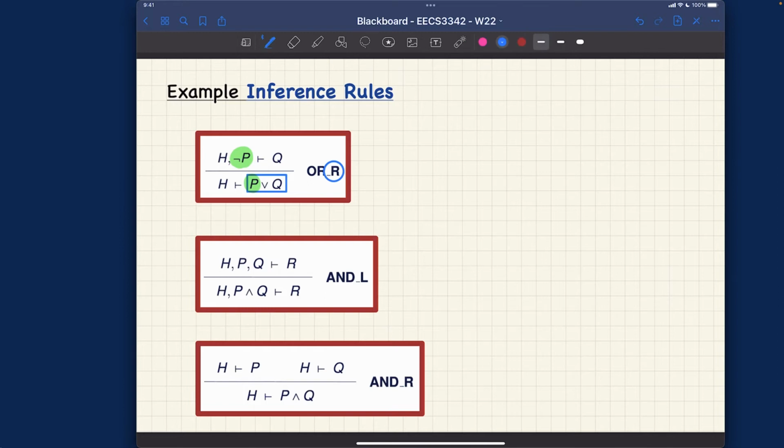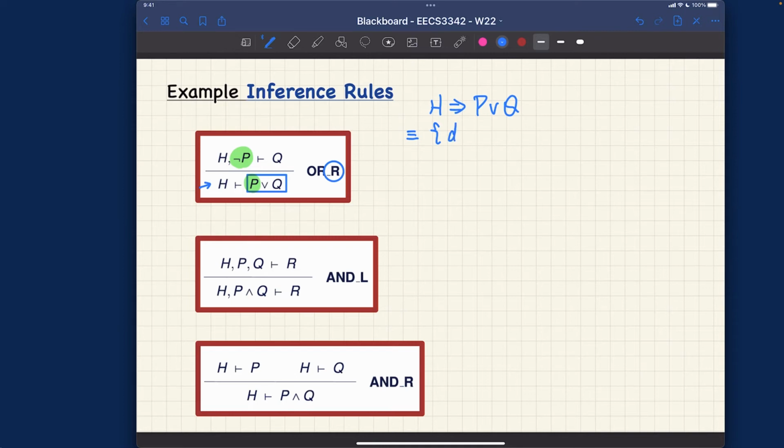I just want to convince you. So this part over here, we know that the turnstile simply implies. So what we got is H implies P or Q over here, and it is equivalent to, right? We're doing the equivalent equational style of the proof.